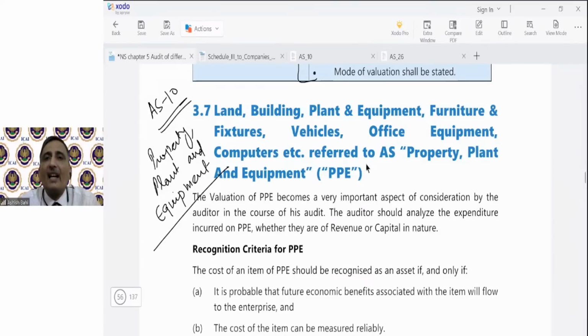So one such accounting standard is accounting standard 10, which deals with property, plant and equipment. So what is property, plant and equipment?